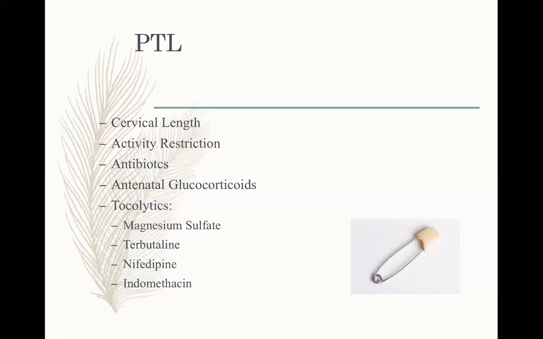If there's fetal fibronectin present, there's a small chance that mom will deliver within the next 2 weeks. If there's no fetal fibronectin present, there's a 99% chance she will not deliver in the next 2 weeks. So it's a fabulous negative predictor of preterm birth.